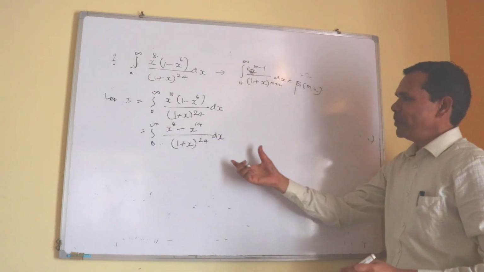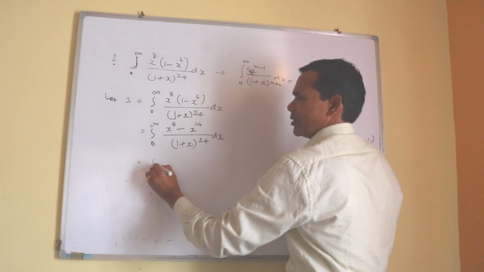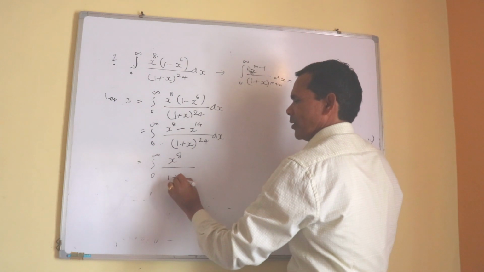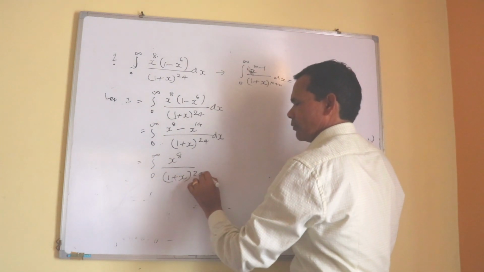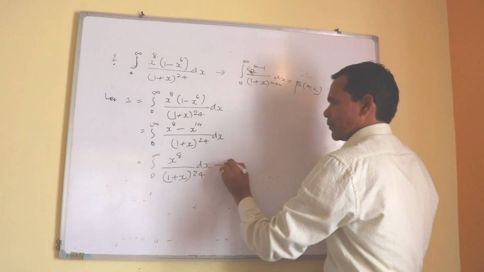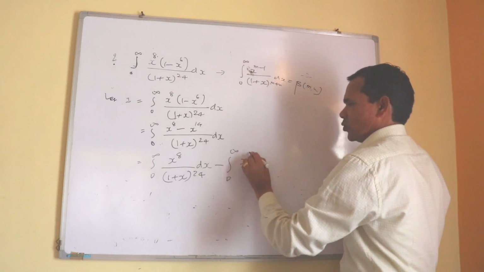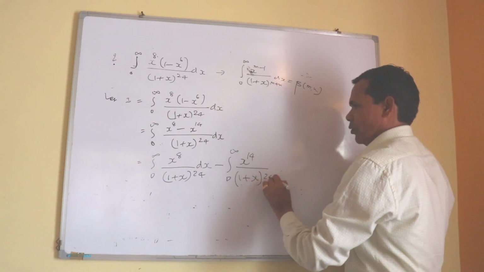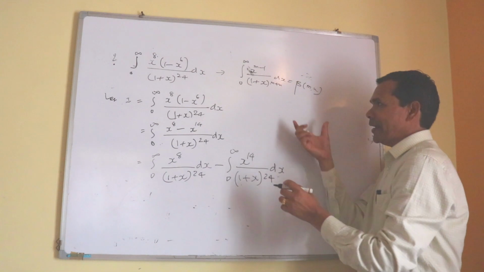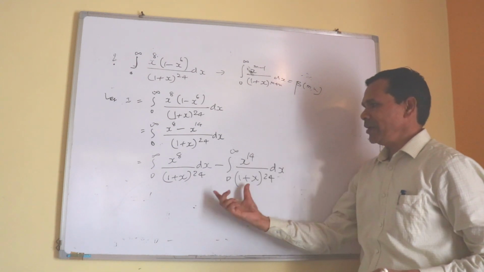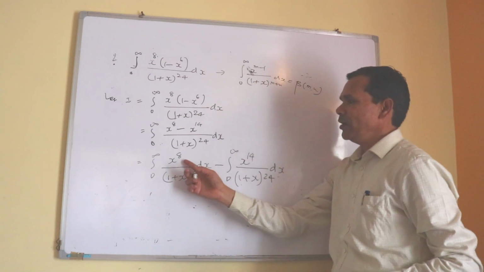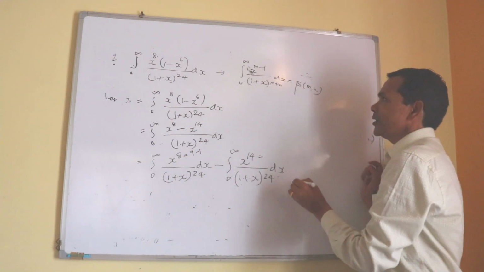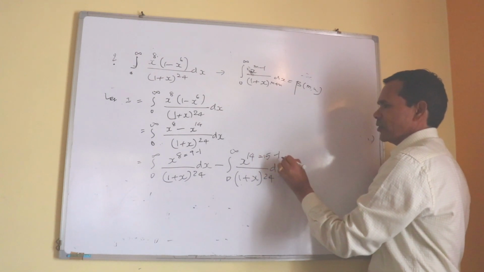I split this integral into two integrals: the integral from 0 to infinity of x raised to 8 divided by (1 plus x) raised to 24, dx, minus the integral from 0 to infinity of x raised to 14 divided by (1 plus x) raised to 24, dx. I apply the formula over here, where m minus 1 is 8, so I write it as 9 minus 1, and here as 15 minus 1.